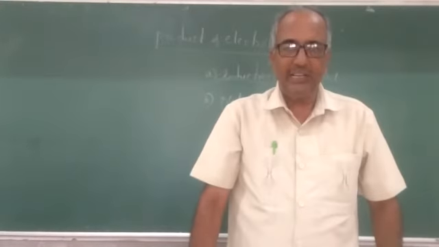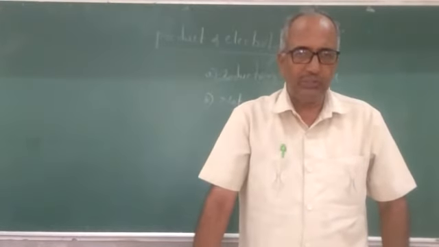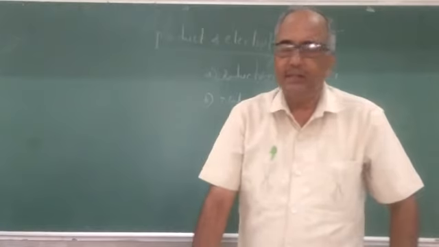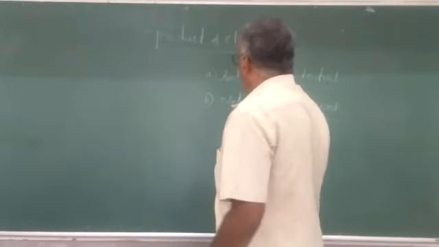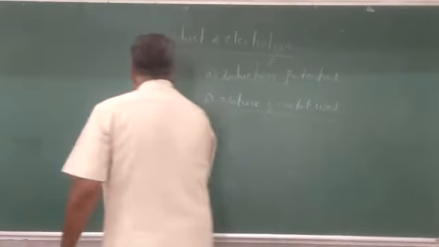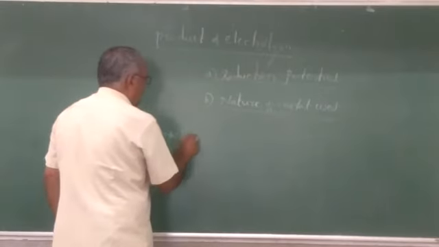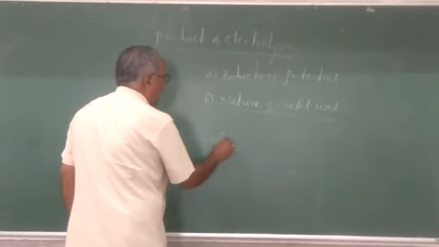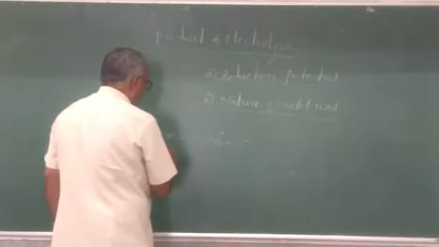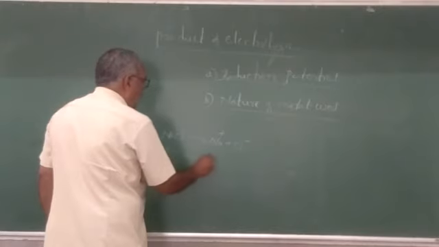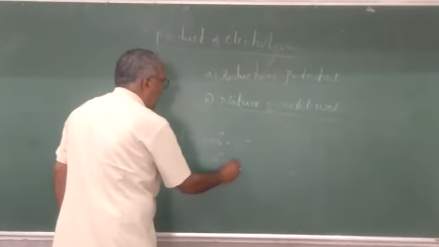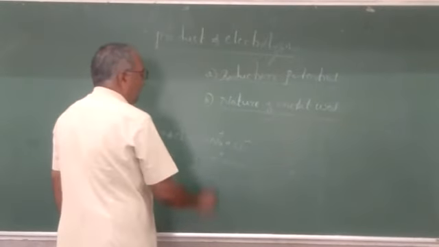Suppose you consider the aqueous solution of sodium chloride, which undergoes ionisation or dissociates into sodium ion and chloride ion. Similarly, the water also dissociates into hydrogen ion and hydroxyl ion.